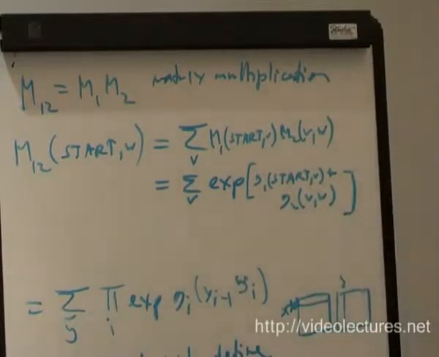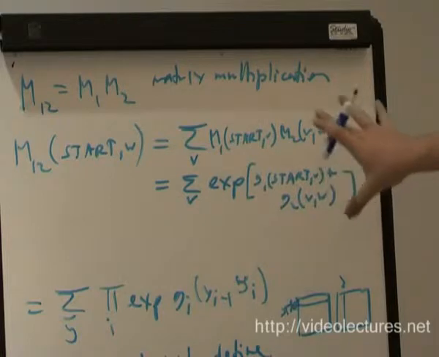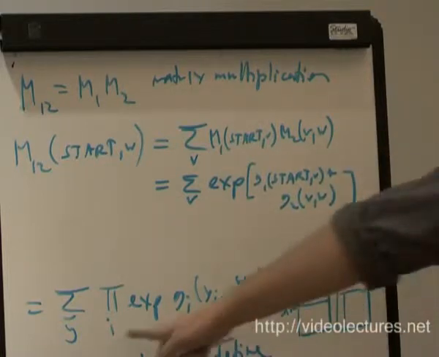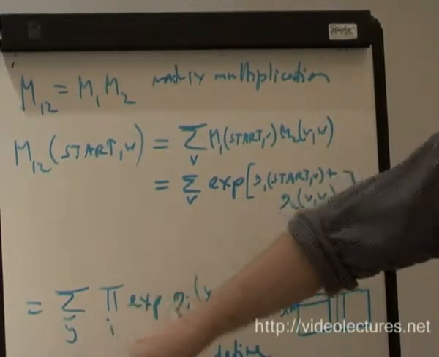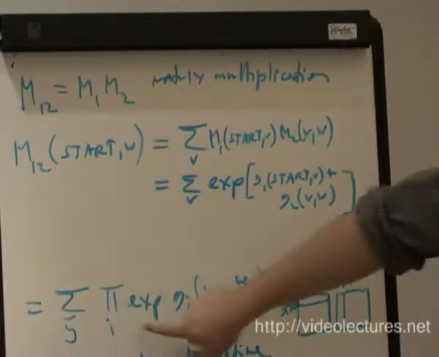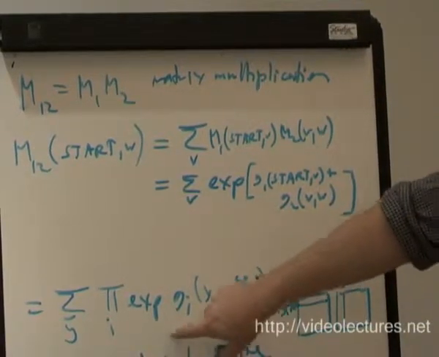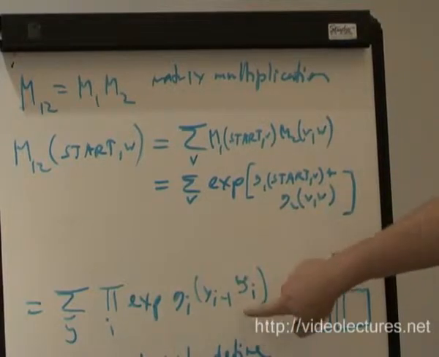So notice this is starting to look a little bit like what we want, because what we want is the sum over the y sequence of the product of exponentials, or the exponential of the sum.